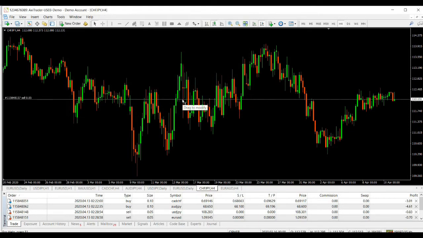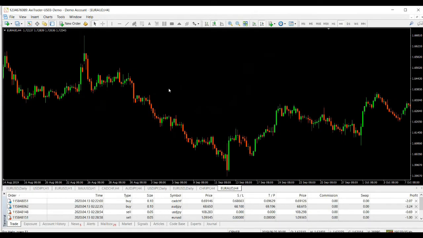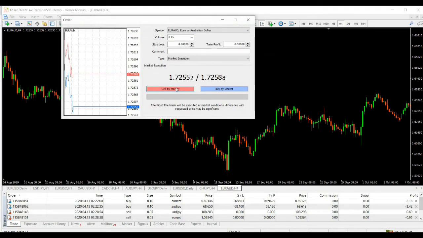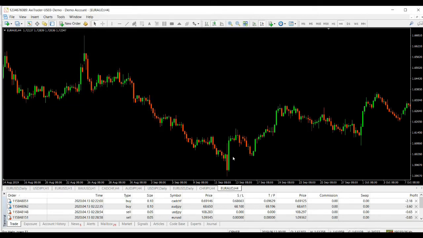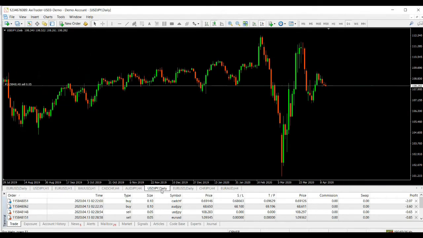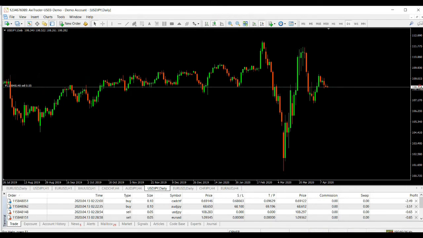So I'm just placing randomly. I'm not analyzing anything, just to see if I'm trading based on the risk. My risk is only 1% here.